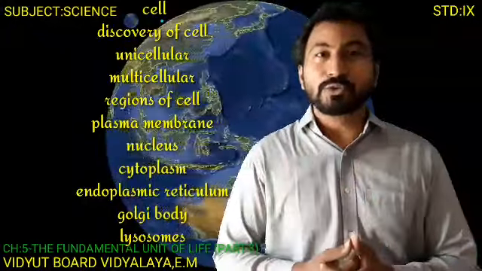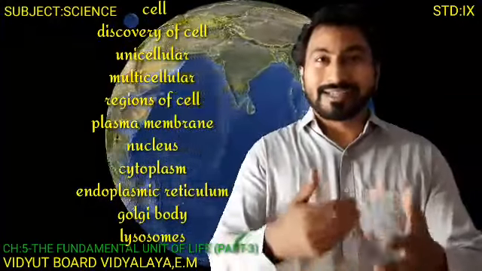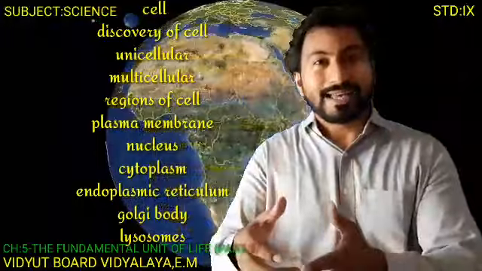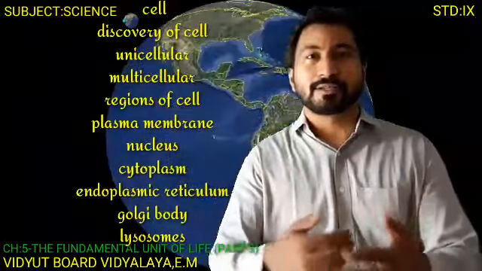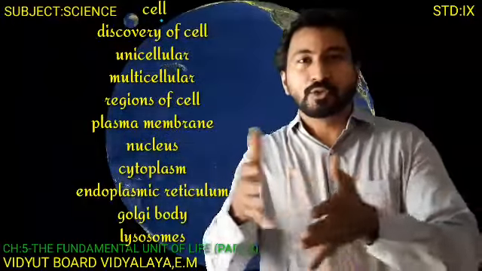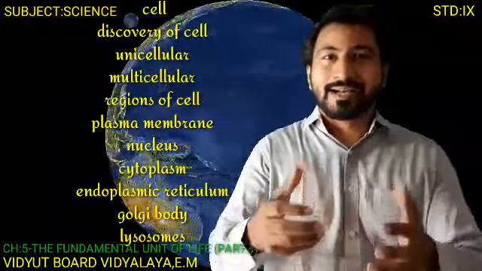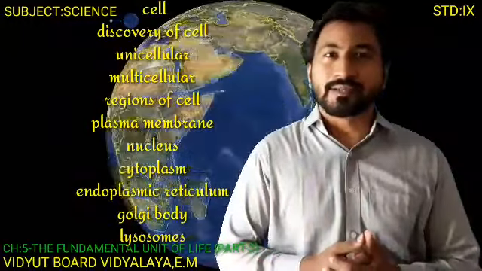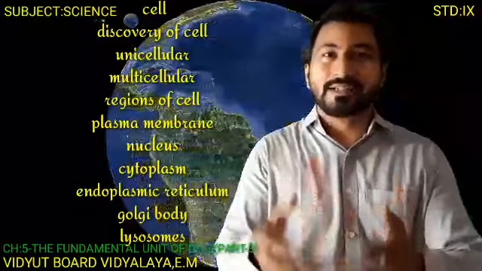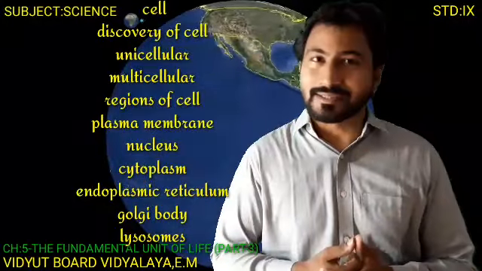We went on into the nucleus and dealt with the DNA and how it is responsible for the transformation of the characteristics from one generation to the next. Later on, we went on into the cytoplasm, its fluid and the organelles that are present inside it.